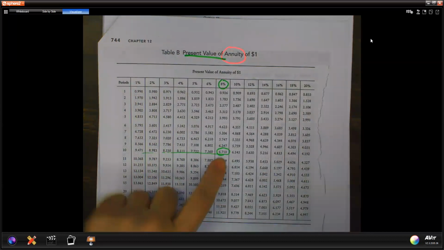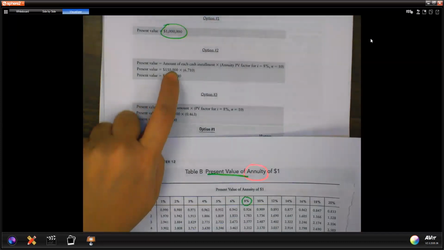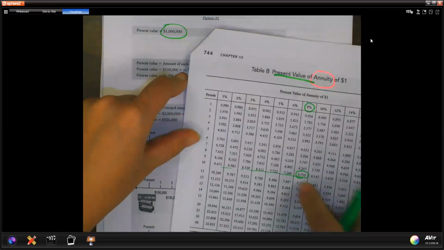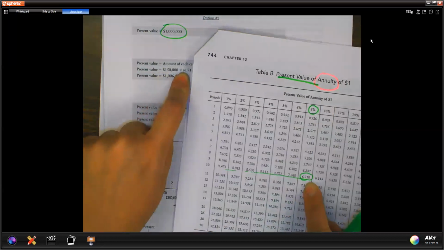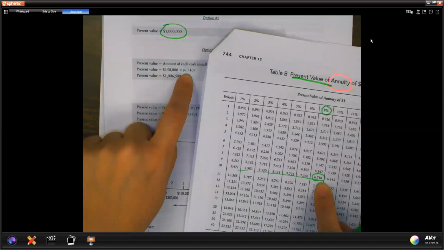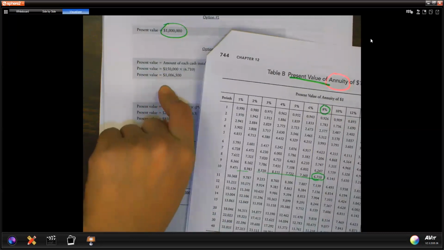So you use your cash flow 150,000 times the discount factor you got based on 8% and 10 years, 6.71. You get your present value of all of the 10 payments, 150,000 every year.